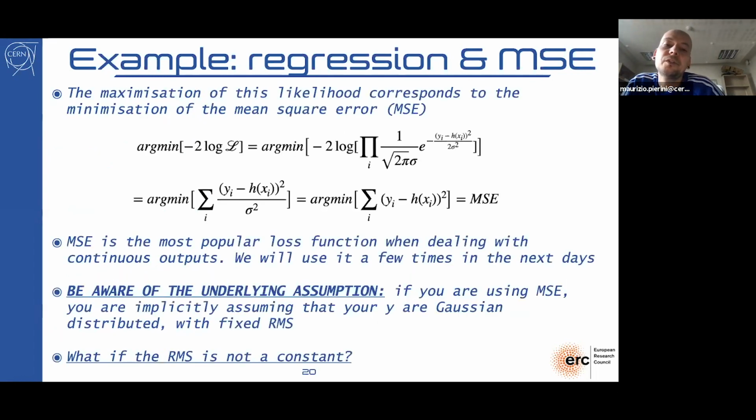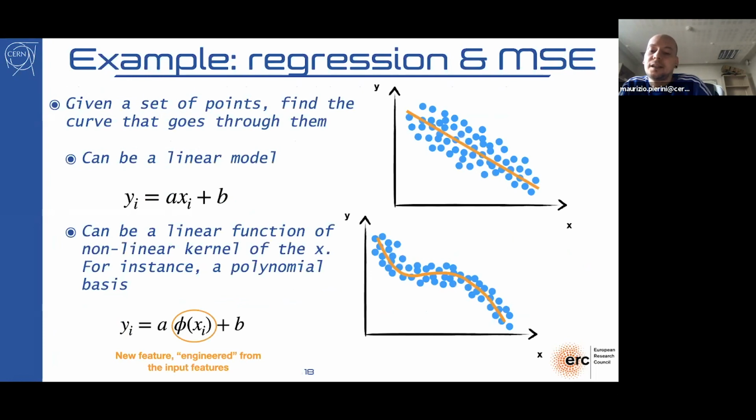And then, as we did before, you would say that the argmin of the -2 log likelihood, because of the properties of the Gaussians and so on, ends up being the argmin of the difference there, under the assumption that we make for convenience that the sigma, so the dispersion, is not dependent on where you are on the x-axis.